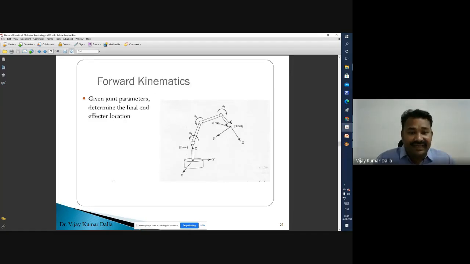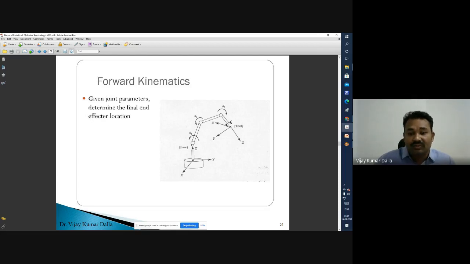Now, forward kinematics. You can see this figure. It is a serial manipulator and the X, Y, Z represents the coordinate system. If we want to measure the positions and orientations, we need to fix the coordinate system. So this is the base frame and this is the tool frame.